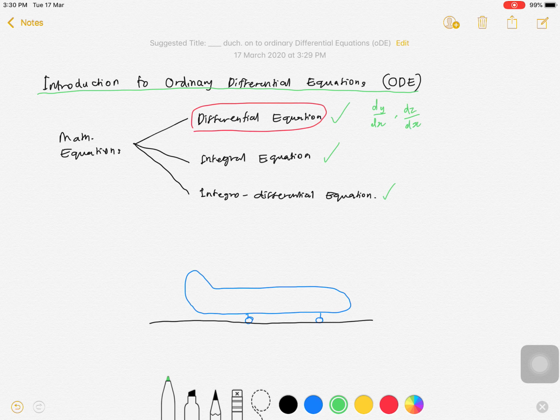For integral equations, we will have this symbol, the integral symbol. And the last one is the combination of the differential equation and the integral equation components. When we combine them, we have the integral differential equation.